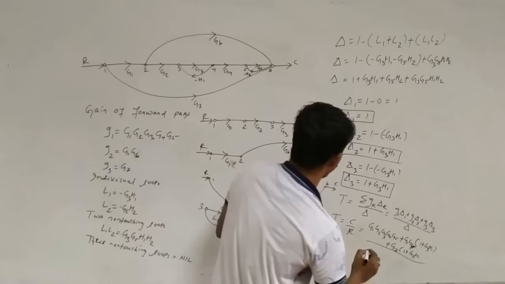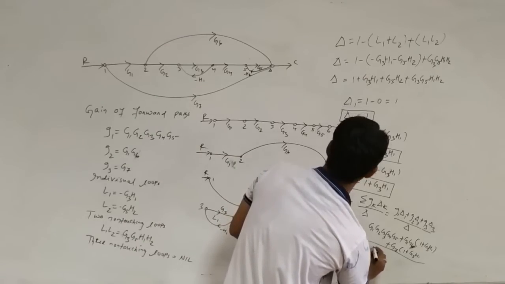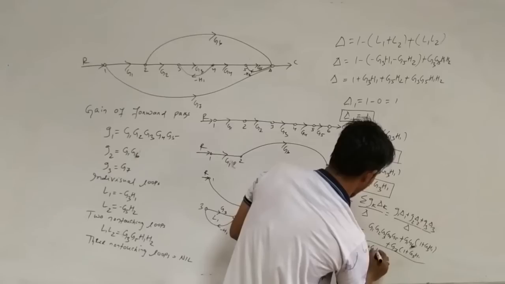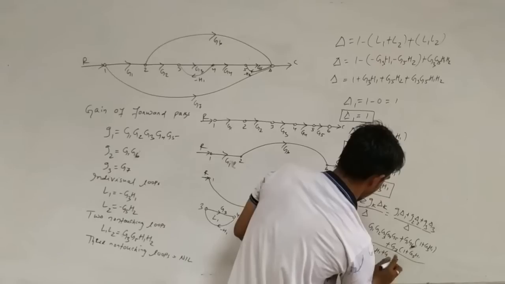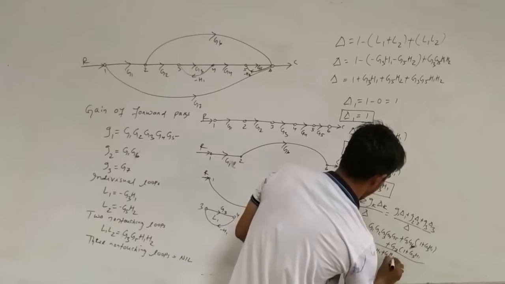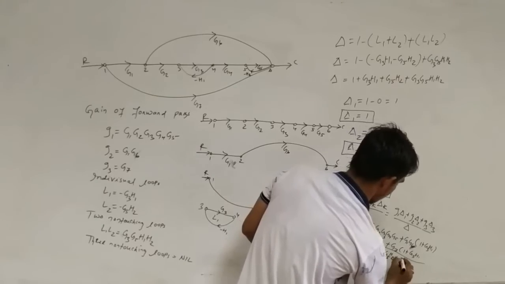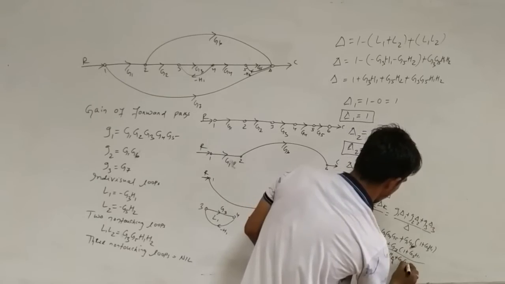Delta is what? 1 plus G3H1 plus G5H2 plus G3G5H1H2.